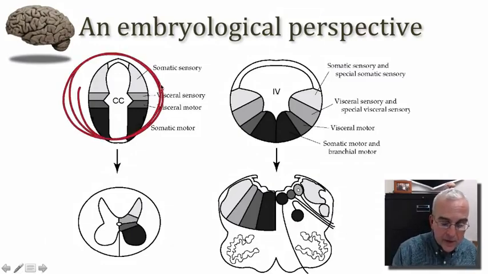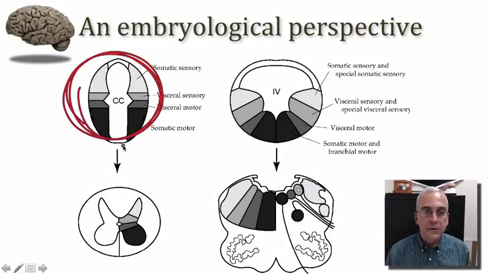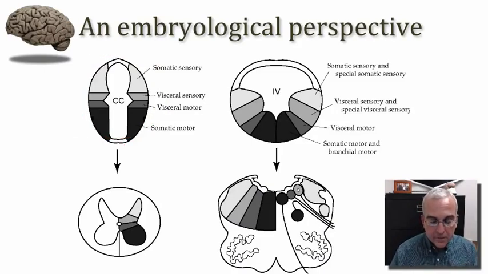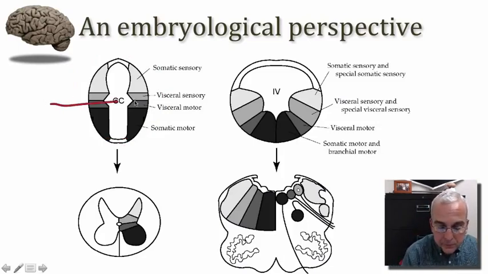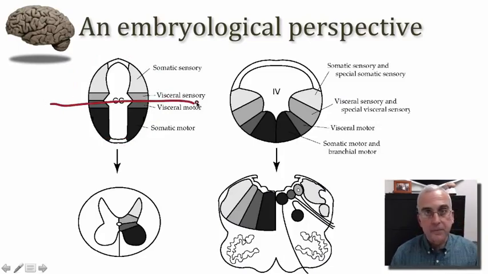And that's what we have here drawn simplistically in the upper left. So imagine this as a cross-section through the caudal part of the developing embryo, where the nervous system is going to form the spinal cord. And I think, as you may know already, the dorsal part of that spinal cord is related to sensation.